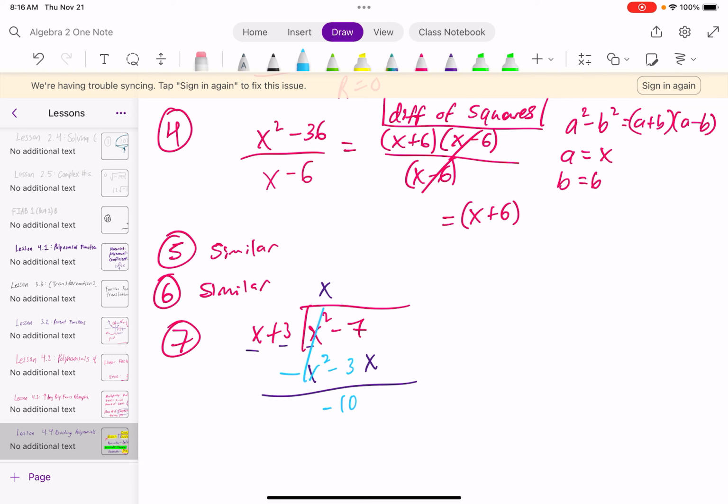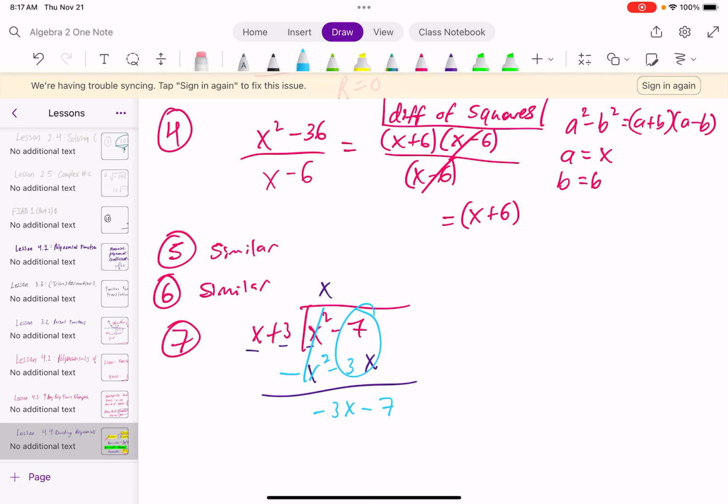Ooh, very interesting. You see how we can't subtract these? So you're just going to write them the same. You're going to write negative 3x minus 7. And then you're going to move on to the next one.